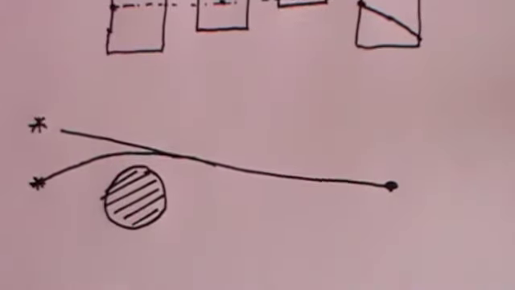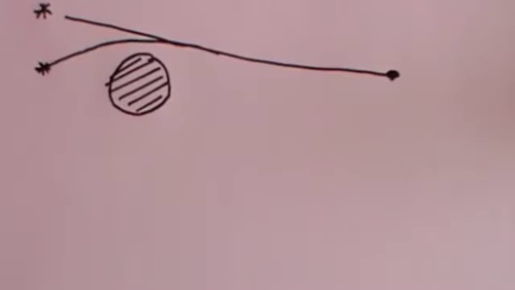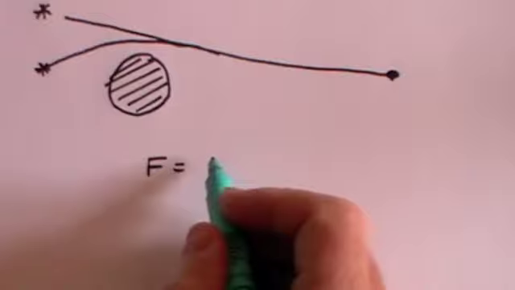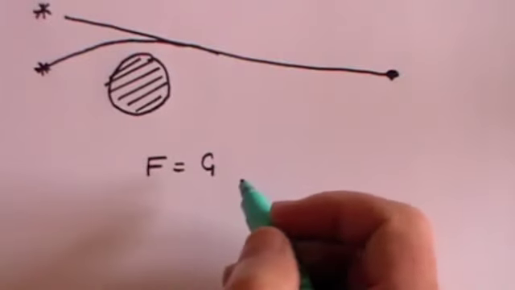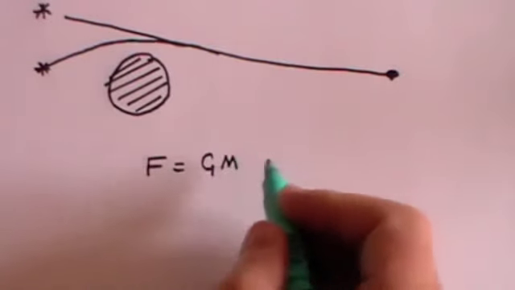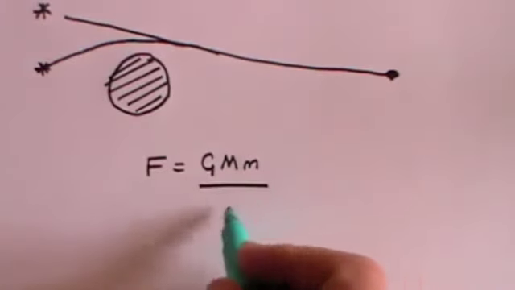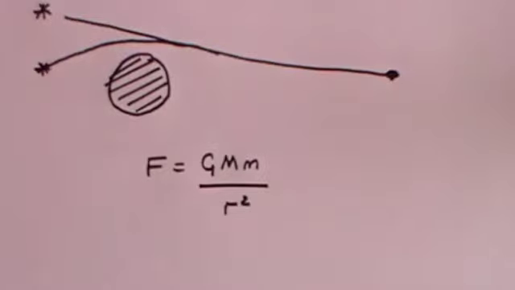Now, here was the problem for Einstein. Newton's law of gravitation, which everybody had thought had served us well for so long, says that the gravitational force is equal to the gravitational constant times the mass of one body multiplied by the mass of another body divided by the distance between them, r squared, or divided by the distance squared.